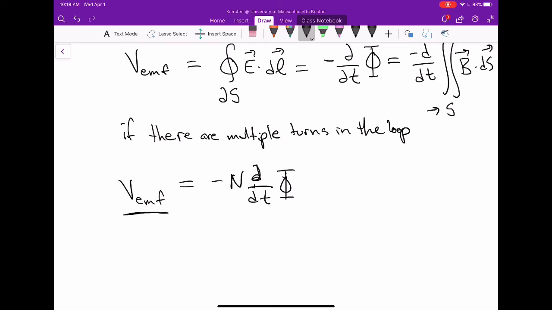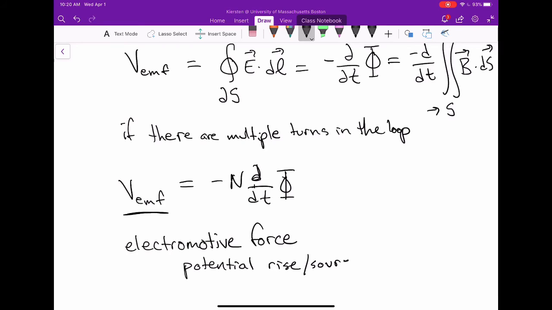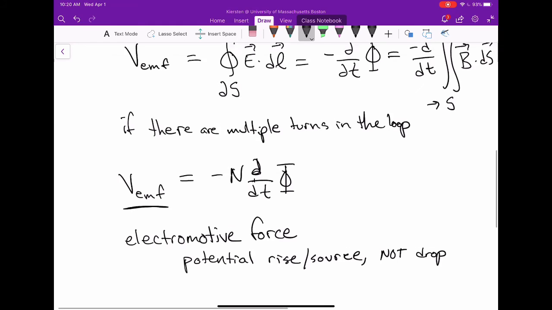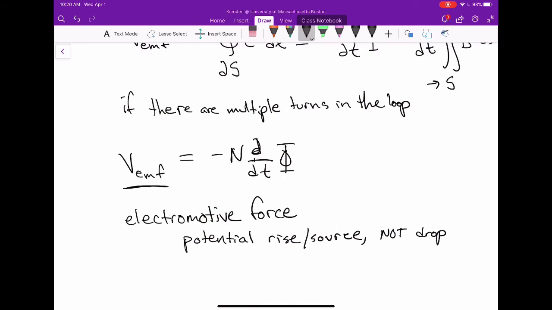So V EMF represents an electromotive force, which is specifically an electric potential source, not a potential drop. An EMF does work on charges and increases their potential energy.